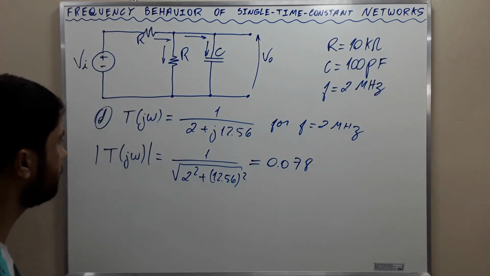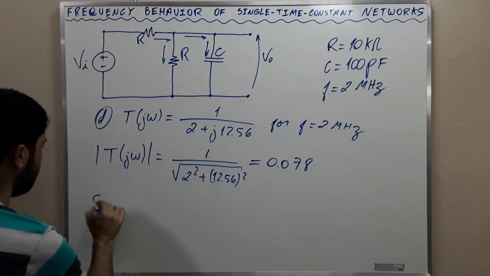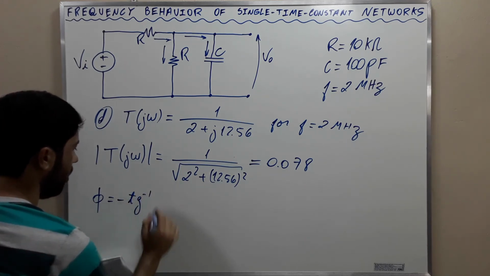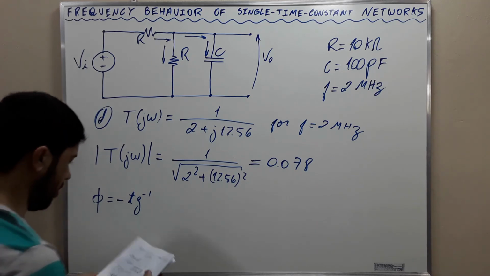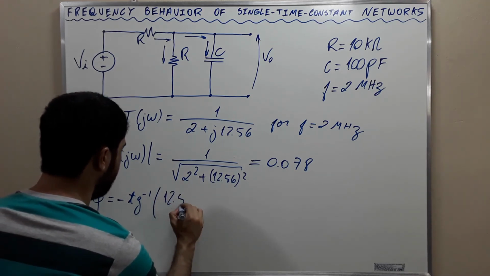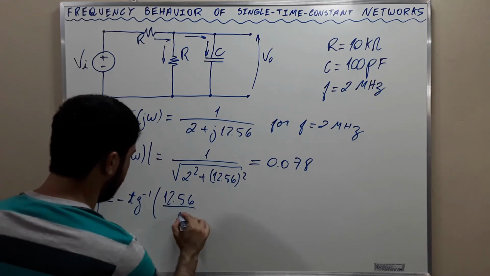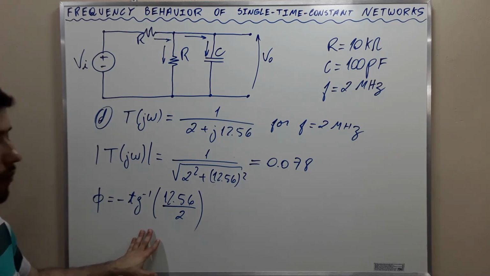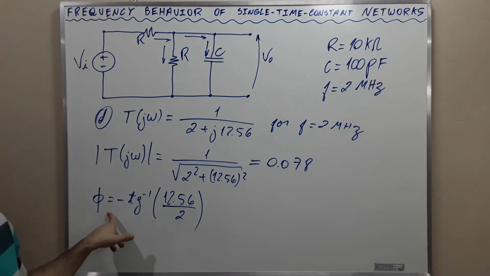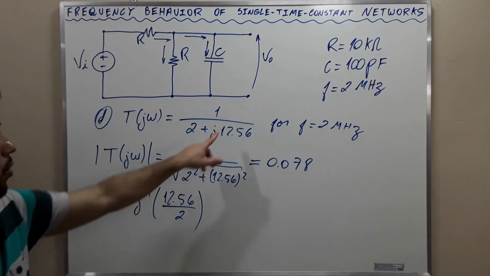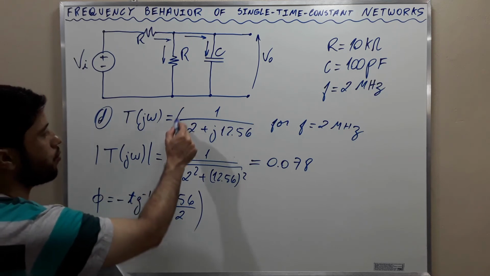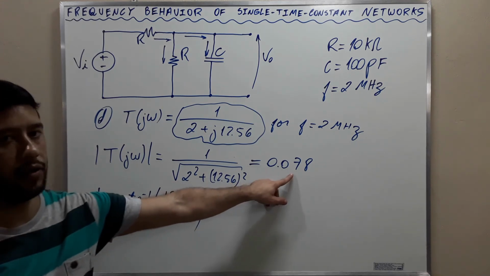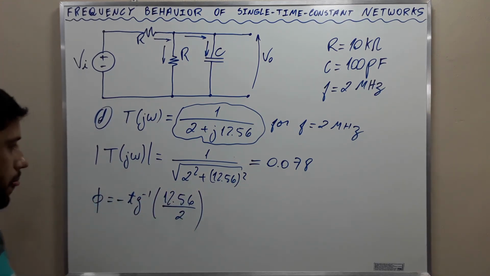And now the angle will be the negative of the inverse tangent of 12.56 divided by 2. Do you guys fully comprehend how we calculate the angle of this expression here? This is our reference expression. From this, we can calculate the magnitude response and the angle.